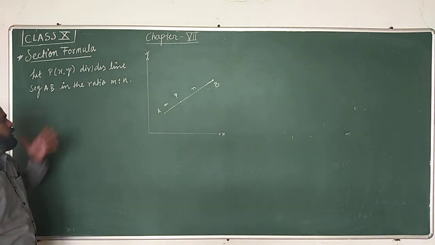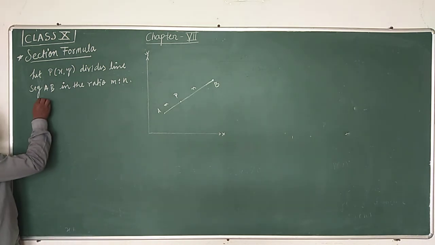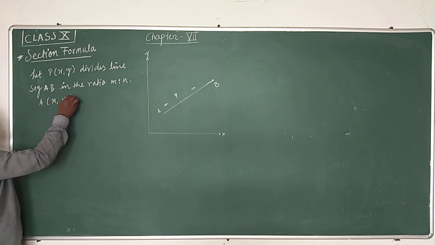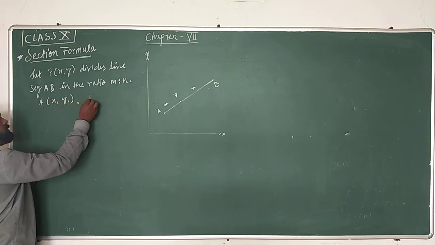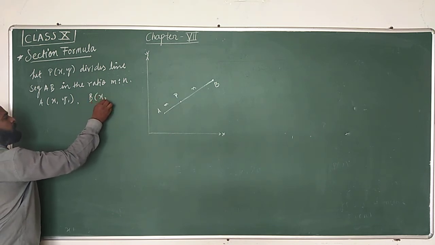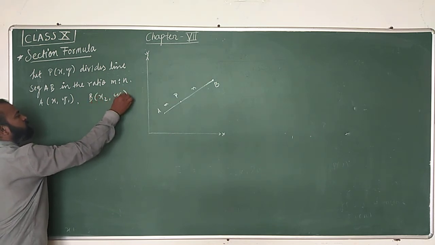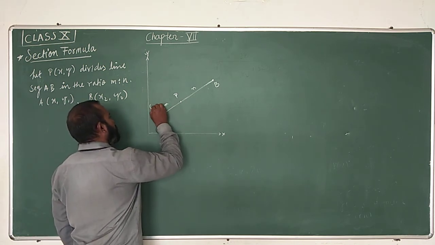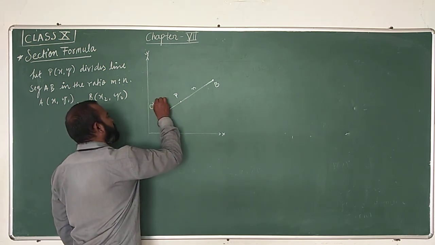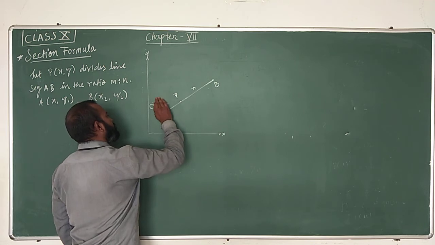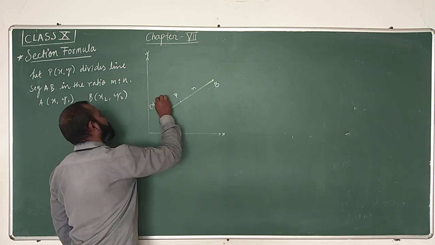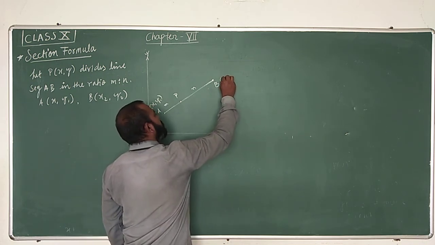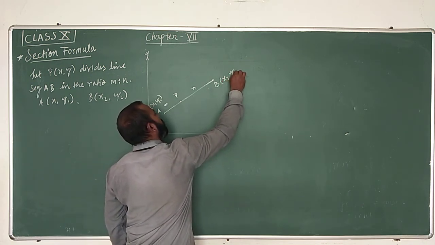Now let the coordinates of A be x1 comma y1 and the coordinates of B be x2 comma y2. We have assumed that the coordinates of point A are (x1, y1) and the coordinates of point B are (x2, y2).